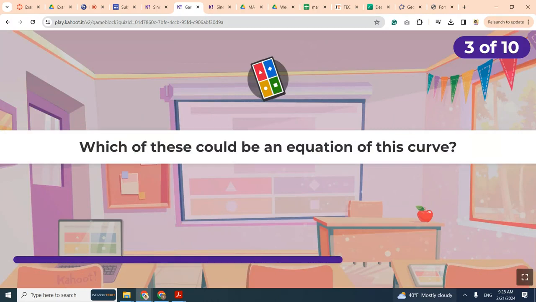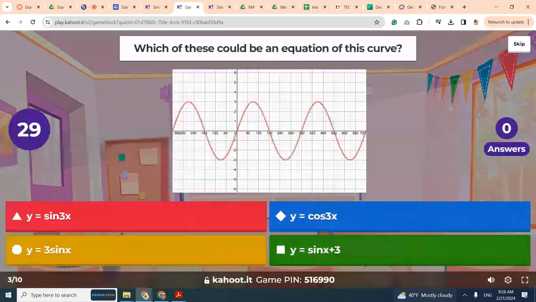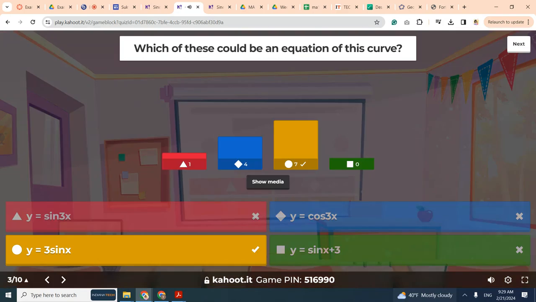Okay, which of these would be the equation of this curve? That's like 2 times. Yes, good job.